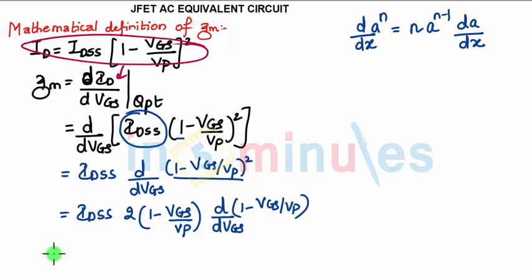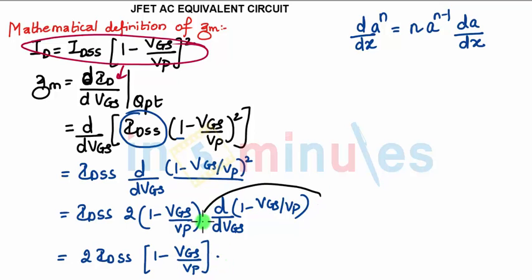After differentiating, you will get twice IDSS (1 minus VGS upon VP) into the derivative of this with respect to VGS. The constant will be 0, and this will be minus 1 upon VP. So it will be multiplied by minus 1 upon VP.